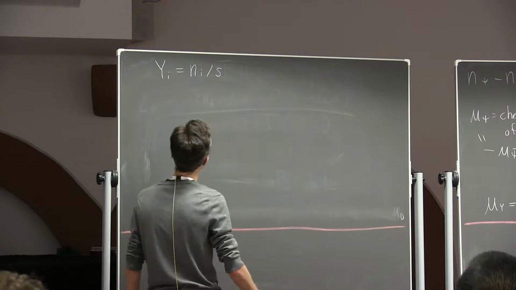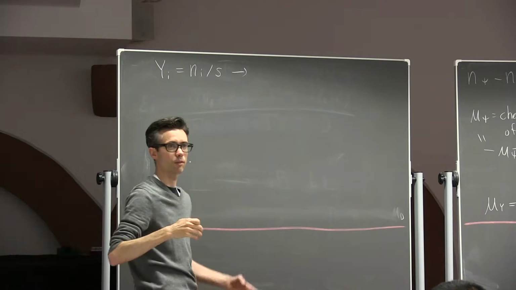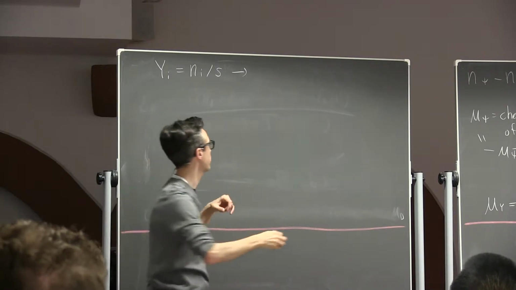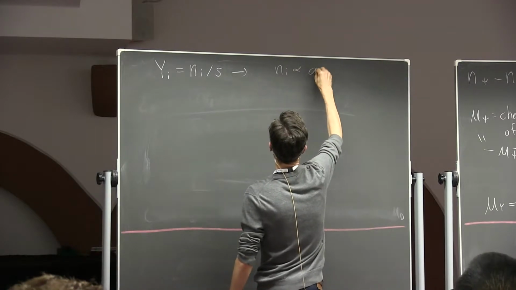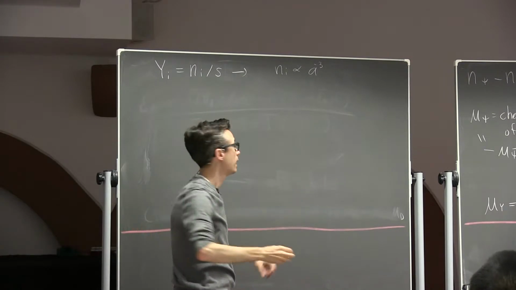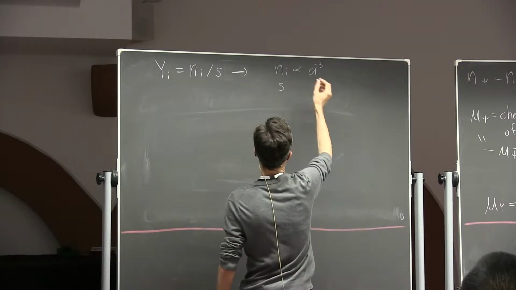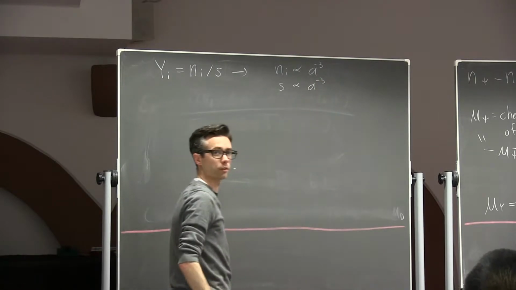And the reason this is useful is that if I don't have any interactions, if my universe is just expanding and I don't have any reactions, with no reactions, my number density would just dilute as a to the minus 3 from the expansion. And because the expansion of the universe is adiabatic, as long as everything's well behaved, my entropy density also goes like a to the minus 3.